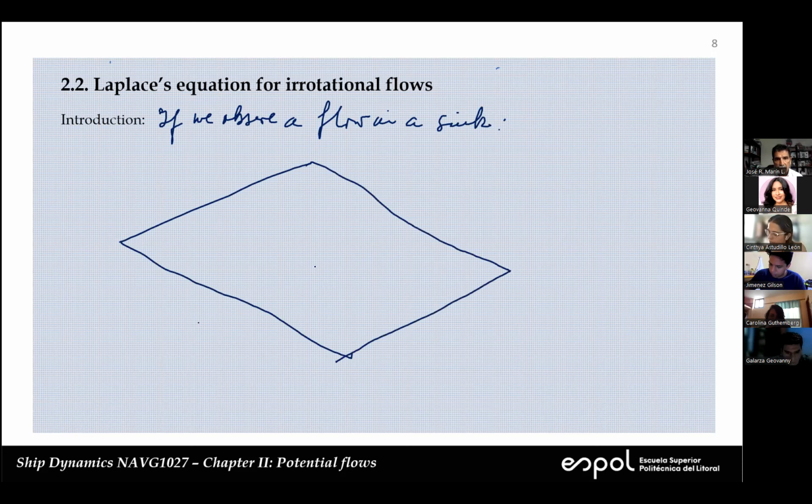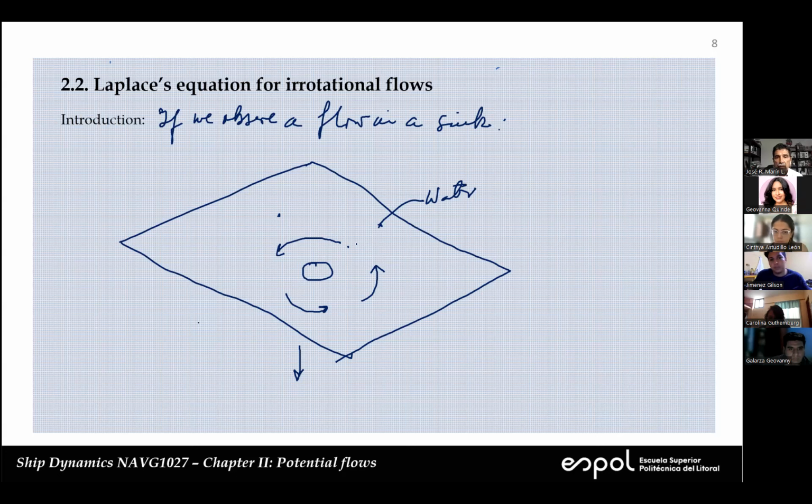And at the bottom, we have a hole. So this is water. And because the water is flowing through this hole, some motion is developed in the sink. There's some rotative motion.